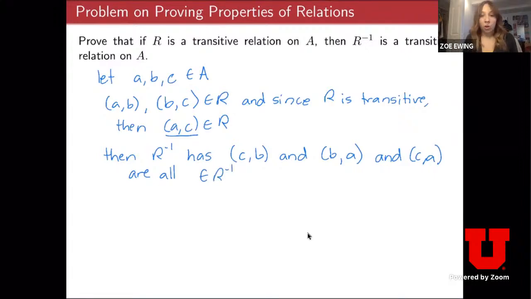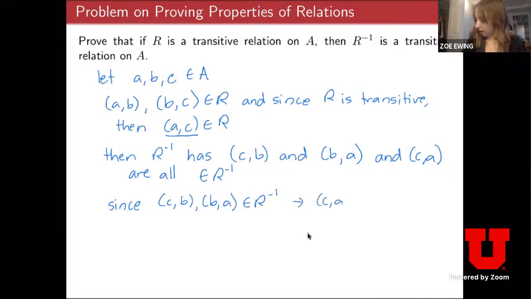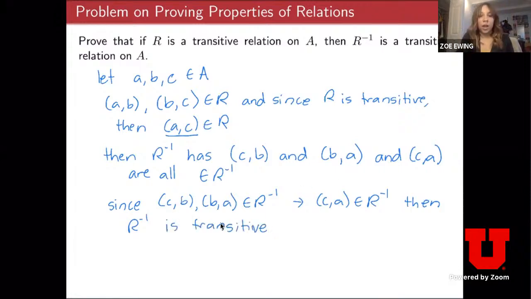All right, so then we have that these three together make the inverse of R transitive. So since (c, b) and (b, a) in the inverse implies that (c, a) is in the inverse, then the inverse of R is transitive. Okay. Any questions on that?